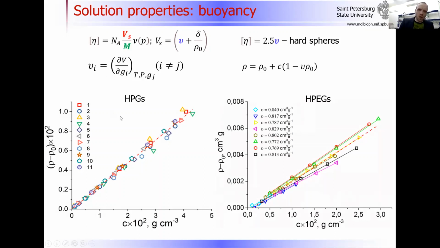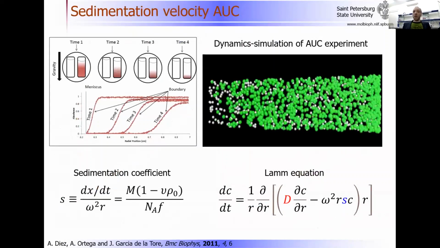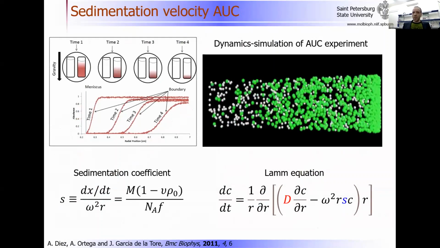This is, for example, what we observe for the hyperbranched polyglycerols, whereas in the case of hyperbranched polyethylene glycol copolymers, we see a variation of the partial specific volume, which was related to the variation in the glycidol content, used as the branching agent and comonomer during the polymerization reaction.